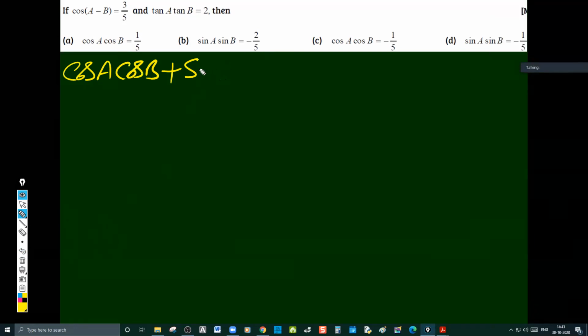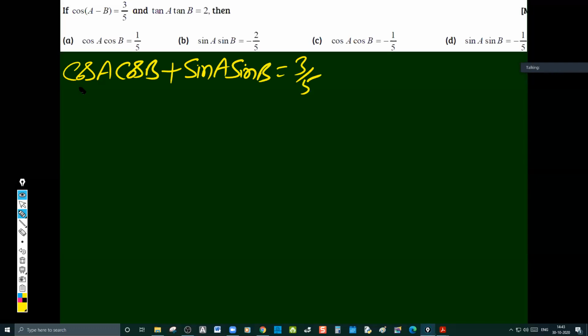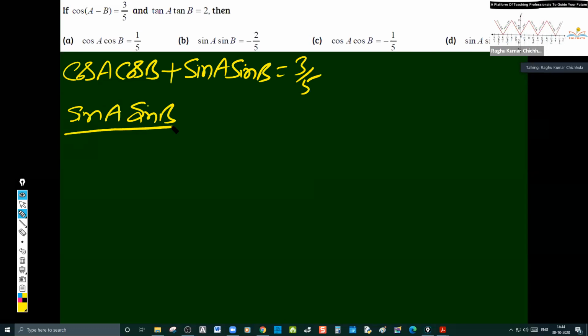Yes, sir, this formula you know. This is nothing but 3 by 5. Tan A tan B is equal to 2 means sin A sin B whole divided by cos A cos B. What is that I'm doing?